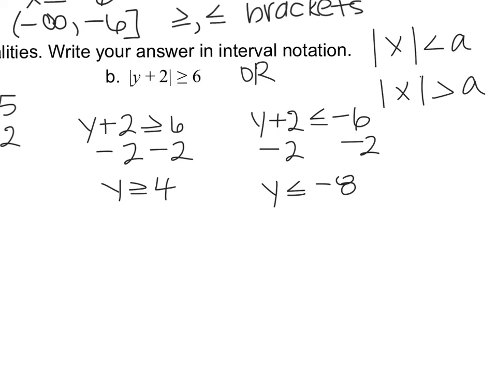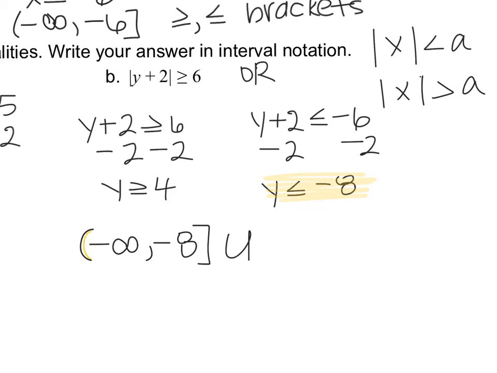The way I'm going to write my solution is first I'm going to start with the less than or equal to inequality. You always want to start with the less than or equal to inequality when you write a compound solution. So everything less than or equal to negative 8 is going to be represented by negative infinity, comma, negative 8 with a bracket.